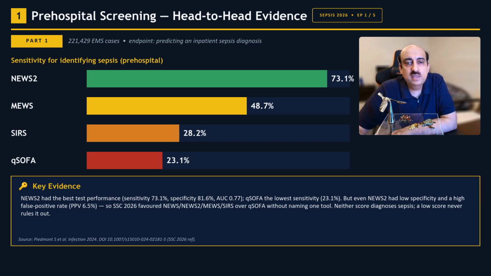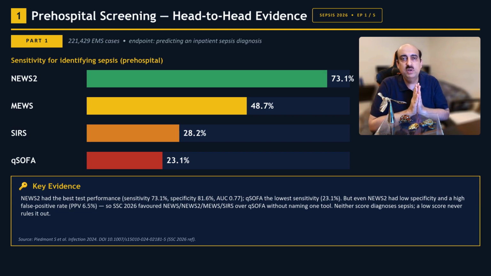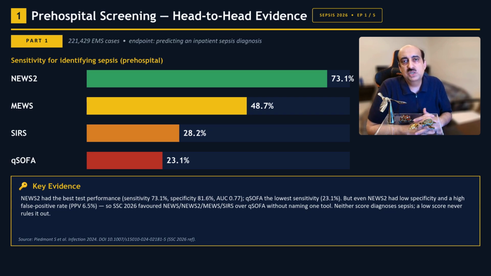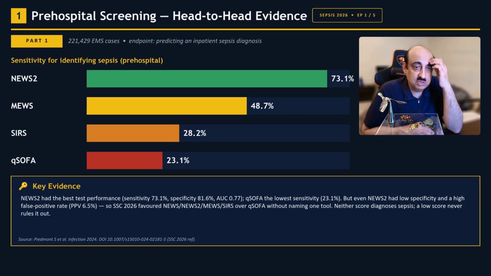So let's look at the actual evidence of the head-to-head analysis of different tools for screening purposes of sepsis. This is important. Now, the pre-hospital evidence which the Surviving Sepsis Campaign 26 leans on comes from a German cohort of more than 200,000 patients, 221,000 plus emergency medical service EMS cases from Piedmont and colleagues, published in the journal Infection in 2024.